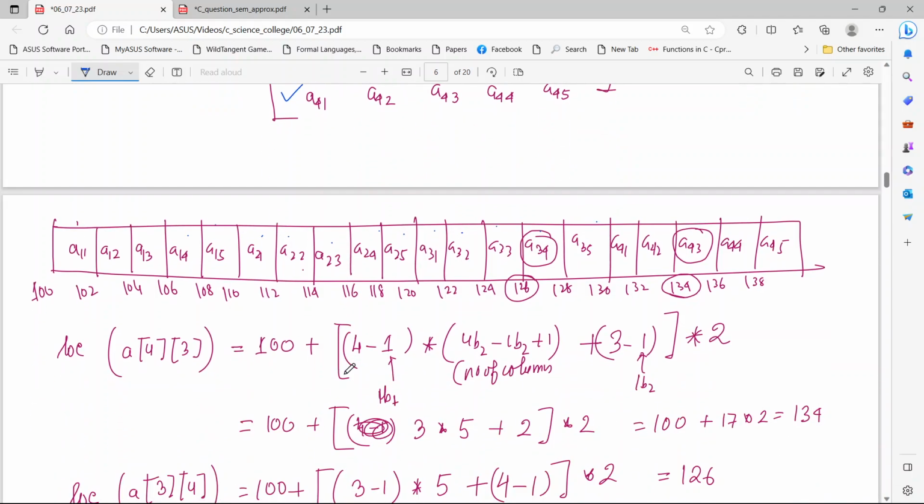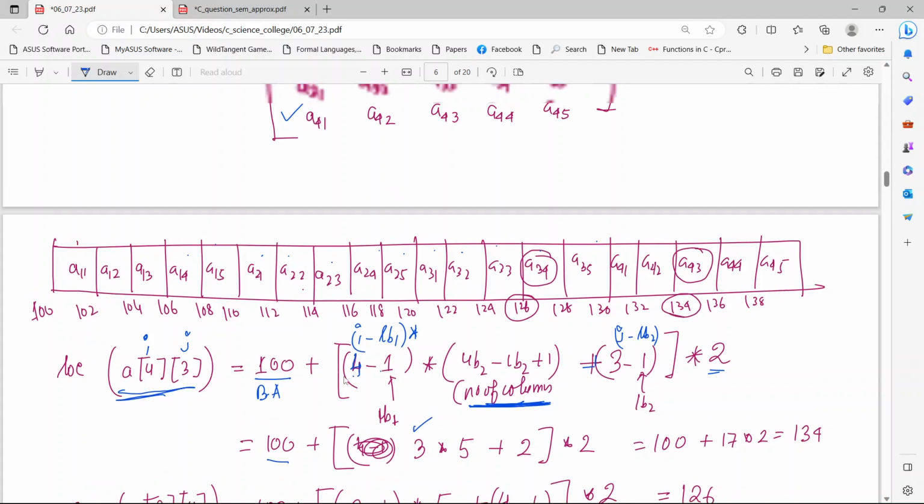If we want to find the location of 4 3, what is the formula? This is nothing but the base address plus, if this is I and this is j, I minus lower bound 1 multiplied by the number of columns, which you found previously, plus j minus lower bound 2, and this is multiplied with the data type size. Say the base address is 100, I is 4 minus 1, that is 3.